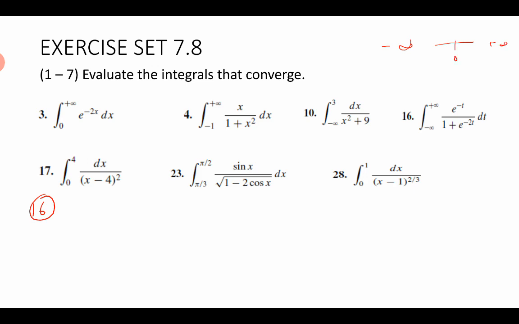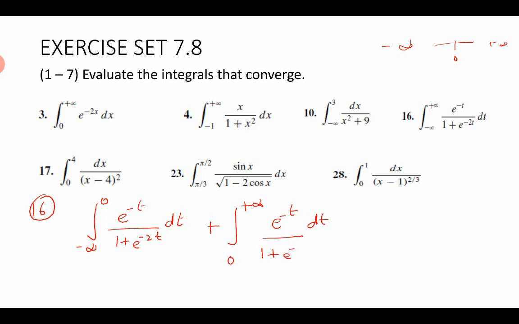We will take a point 0, so we will separate this one from negative infinity to 0 of e^(-t) divided by 1 plus e^(-2t) dt. Next is from 0 to positive infinity, e^(-t) dt over 1 plus e^(-2t).